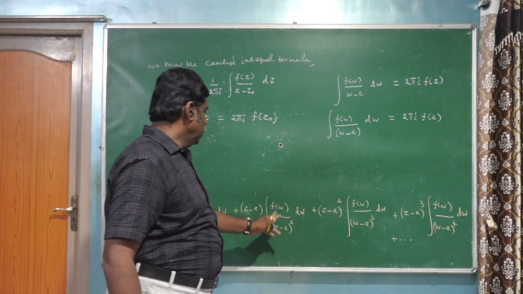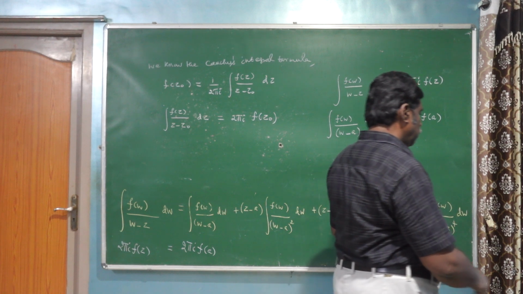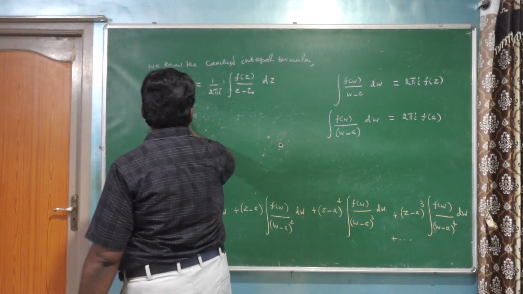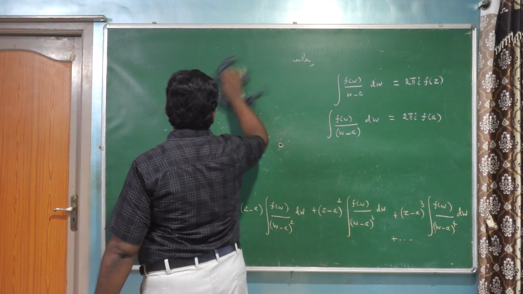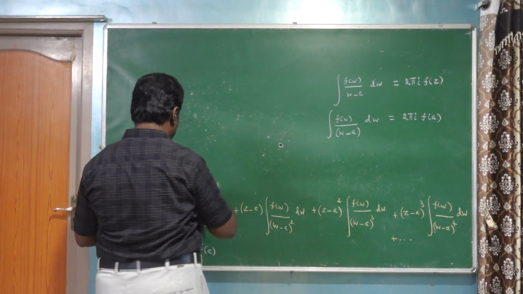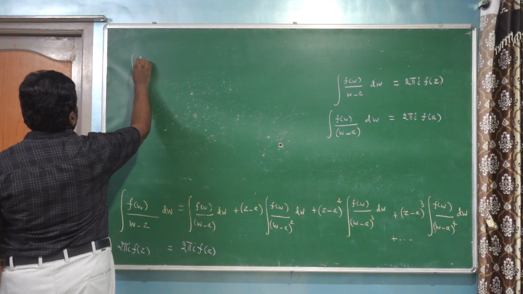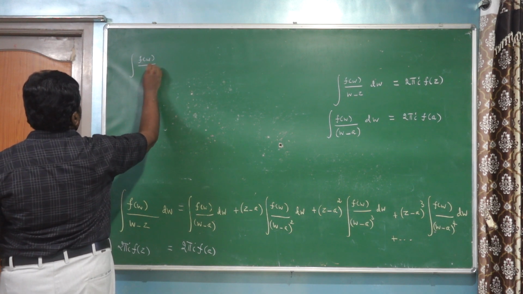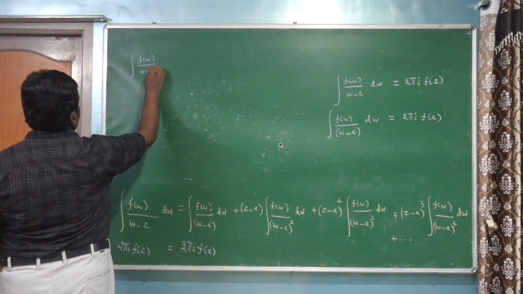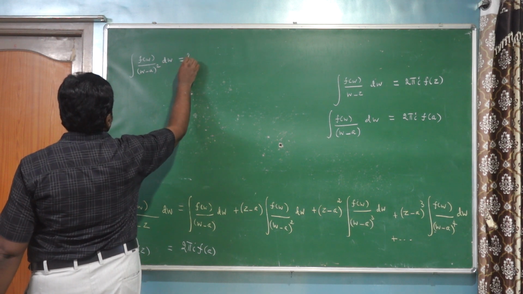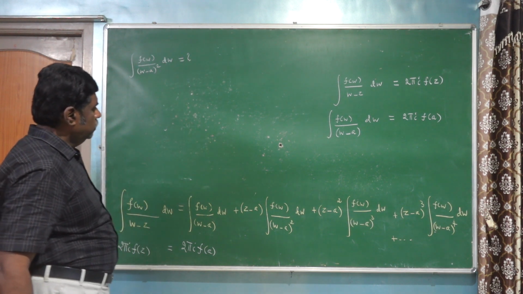Now you have to find out the value of the integral of f of w divided by (w minus a) whole square into dw. This value you have to find out.